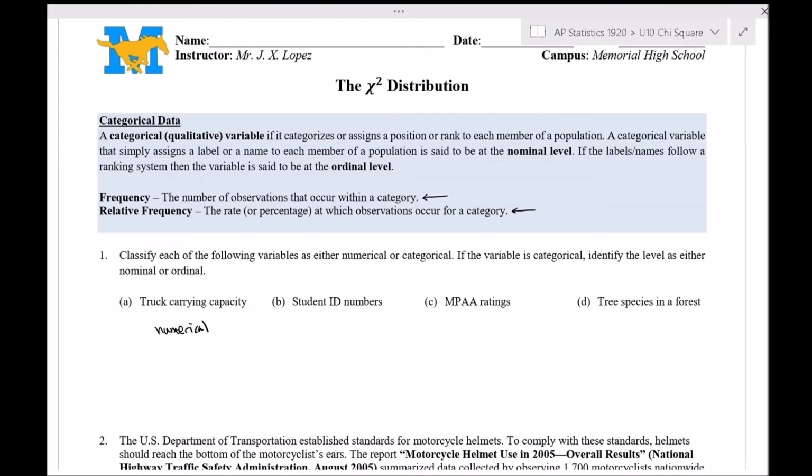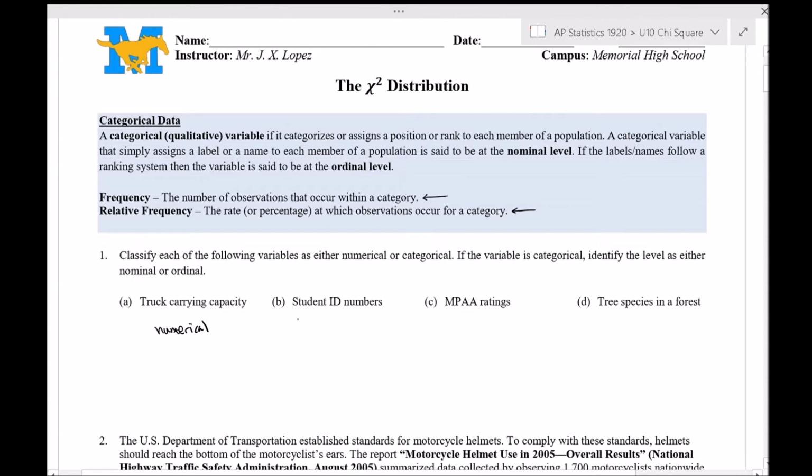Student ID numbers. So this is one of the trickier ones because the word number is in it. It seems like it implies that it's a numerical value, but student ID numbers, the numbers themselves really have no meaning except that it's associating on a one-to-one basis a number and a person together. So there's a one-to-one correspondence on campuses between an ID number and a specific student or a specific student name.